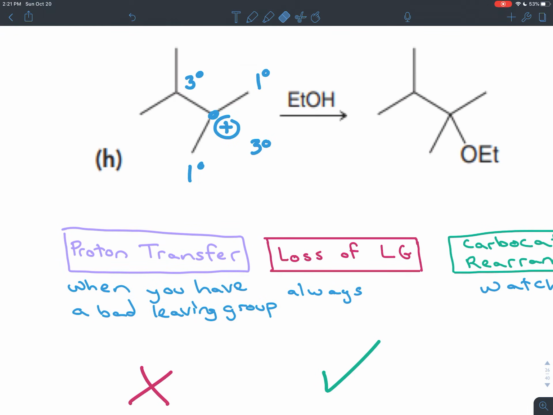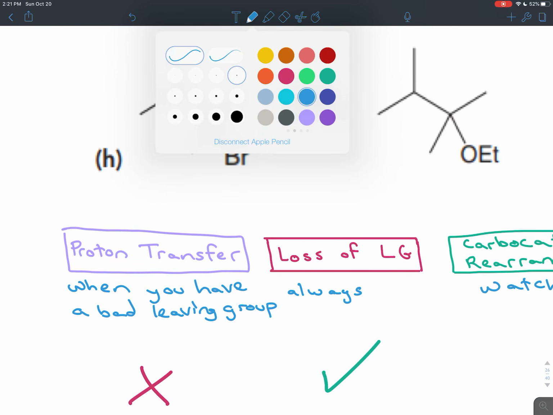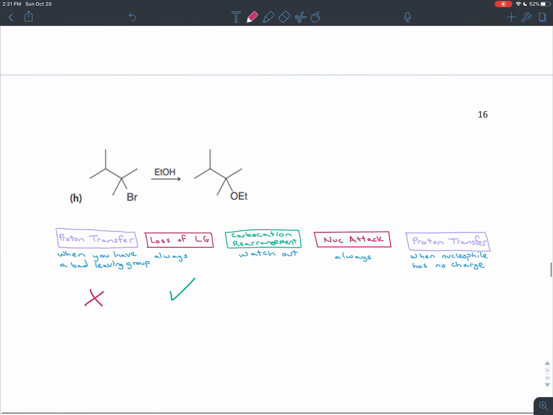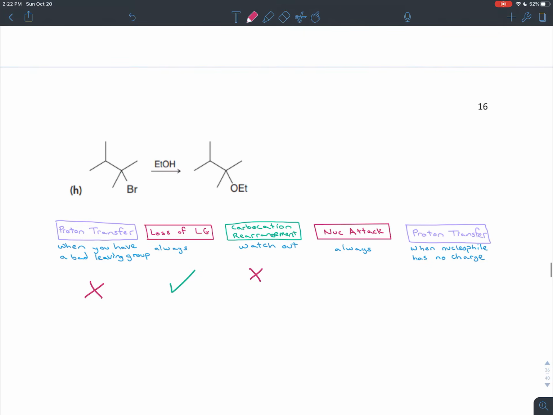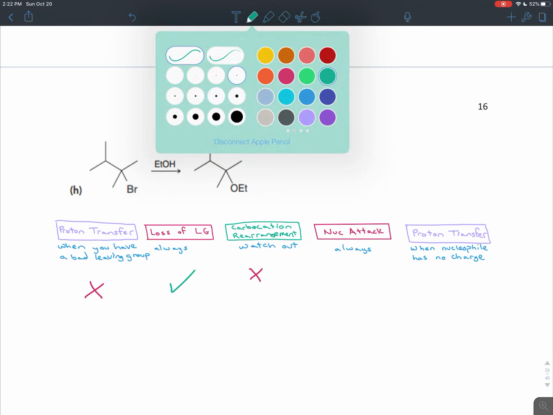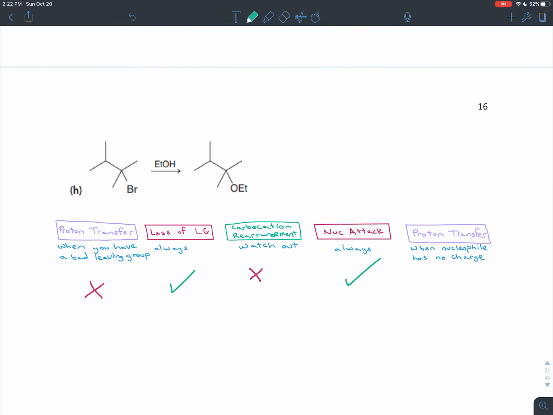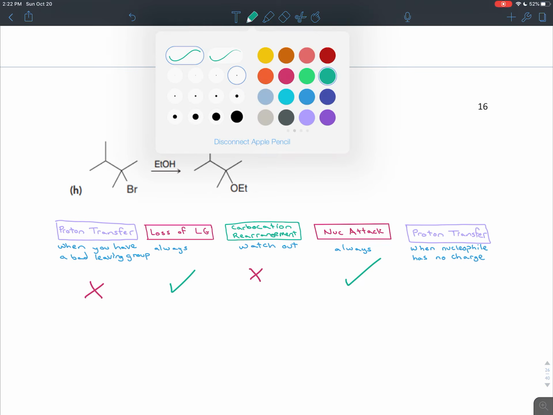At most it's just as stable, but that doesn't leave any incentive to move, so you don't get any carbocation rearrangement there. A confirmation of that is that the nucleophile adds at the same place. So that implies that the carbocation didn't rearrange. You always have nucleophilic attack in a substitution reaction.